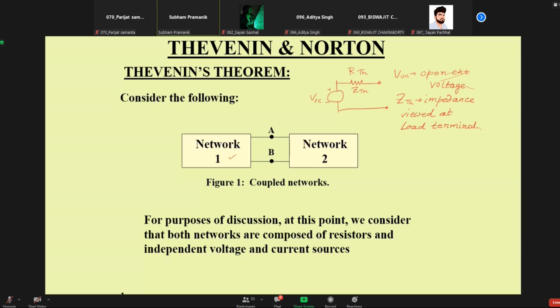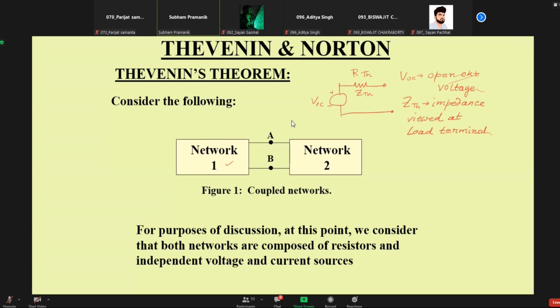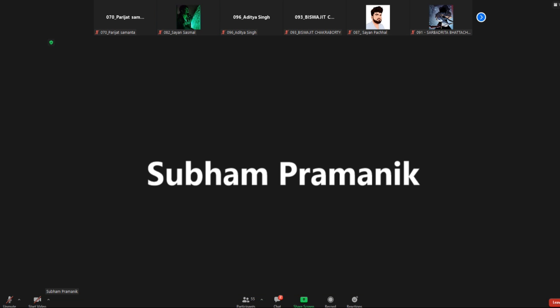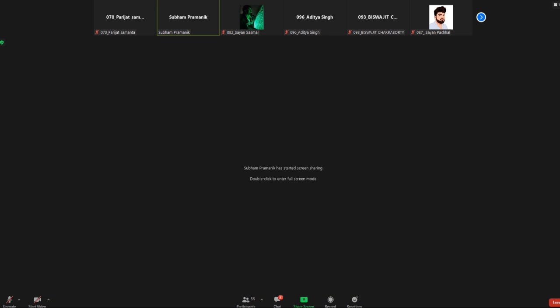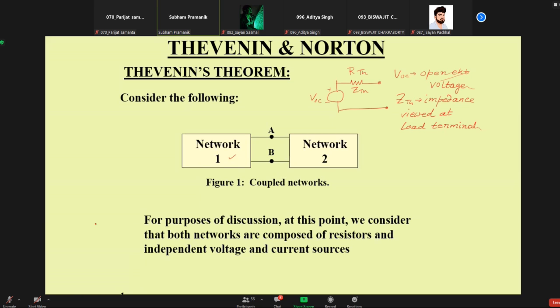Hopefully you can see this. So what Thevenin's theorem is saying, as I already mentioned: see here, two networks, network 1 and network 2, are connected.